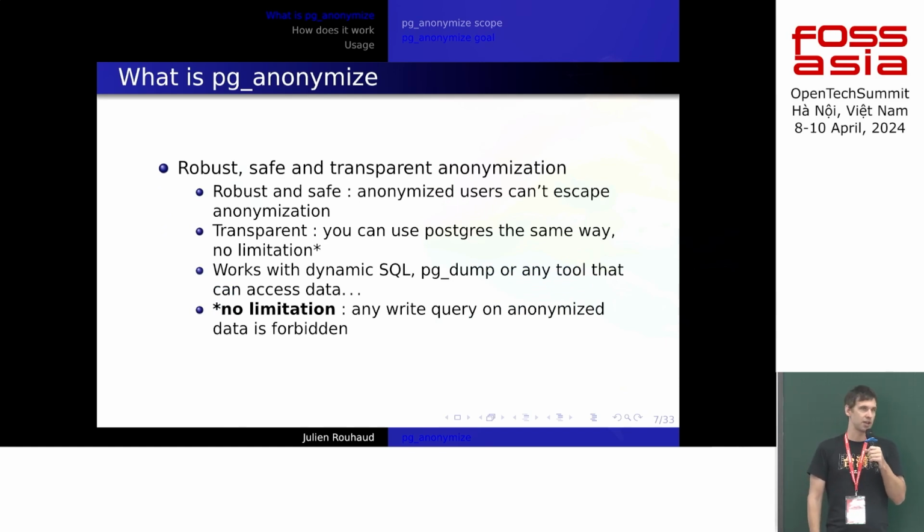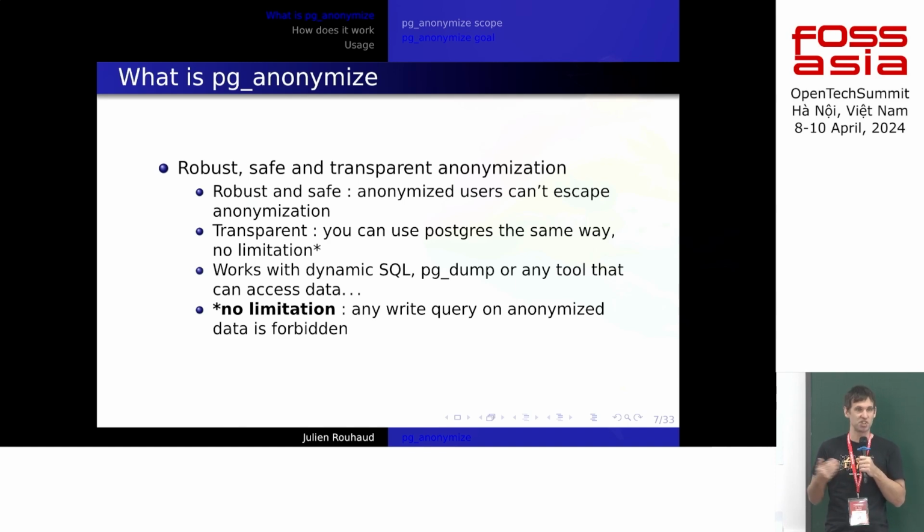So the goals I had when I was working on this extension were mostly to be safe and robust. A user that is anonymized shouldn't have any way to escape the anonymization and see the real data. The DBA is supposed to set things up, and whatever you do, you have no way to see the real data. It's also supposed to be transparent. So you have nothing to do to see the anonymized data, and any tool you are working with will honestly see anonymized data.